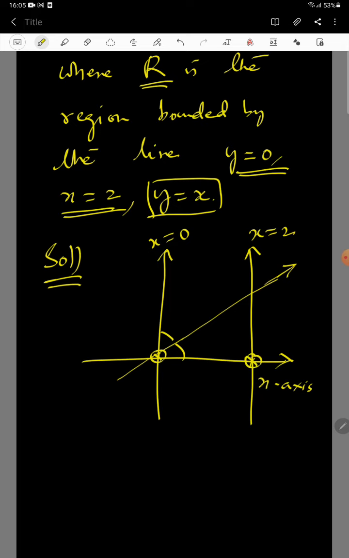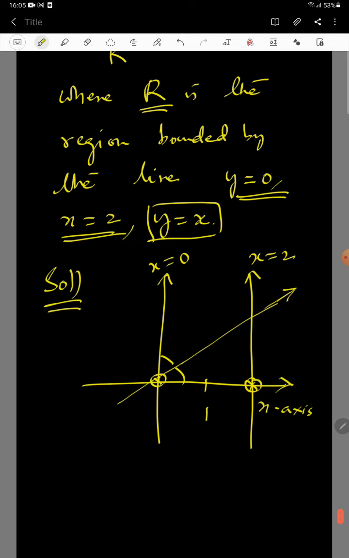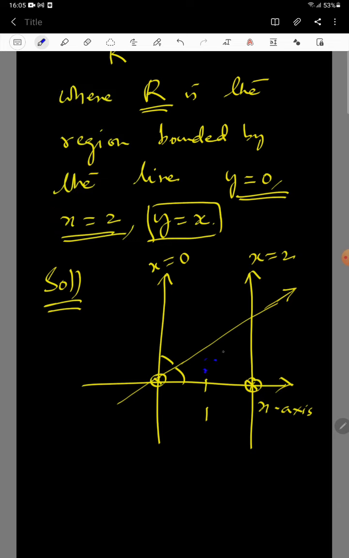Then this point must be 2 and this point is 1, suppose. Now the domain of integration, the region of integration, is this blue dotted region. This complete region is the region.